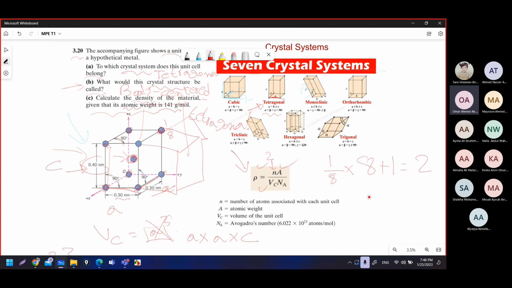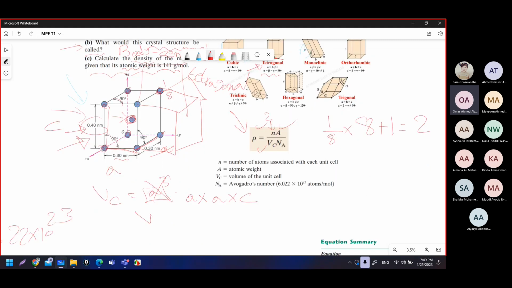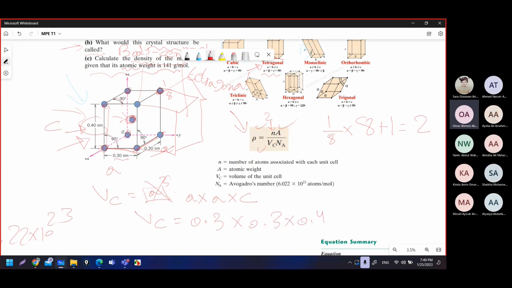I don't need to find a relation between a and R directly because I am already given the dimensions of this tetragonal shape. I can calculate the volume, length times width times height. So VC will equal 0.3 times 0.3 times 0.4.